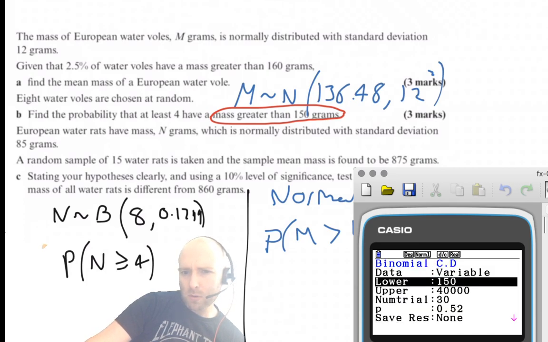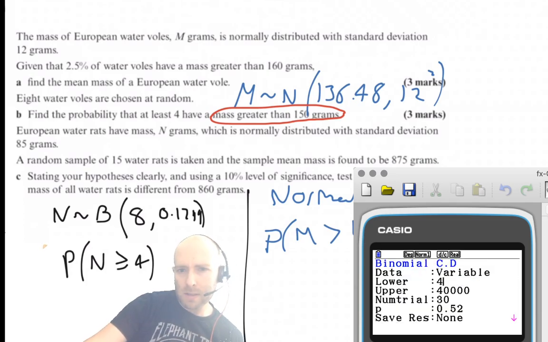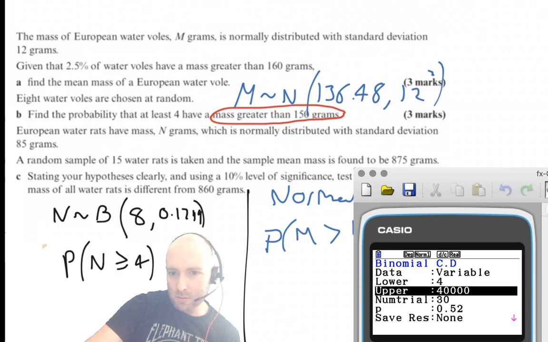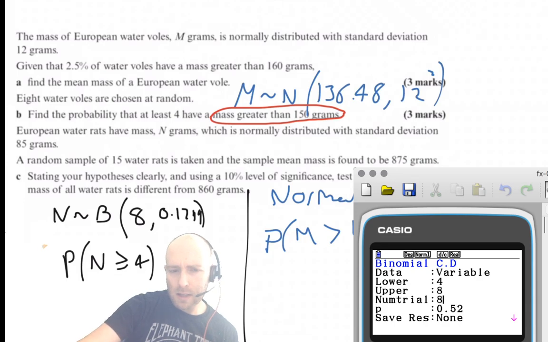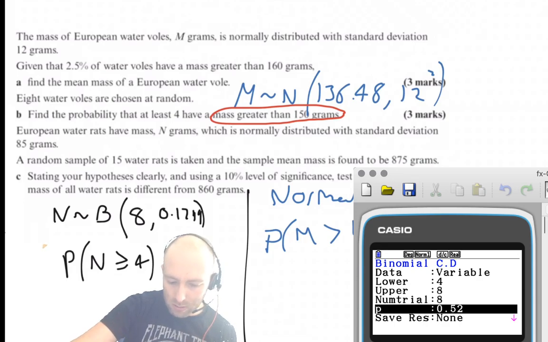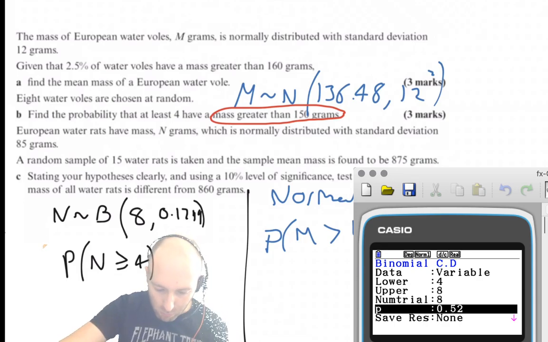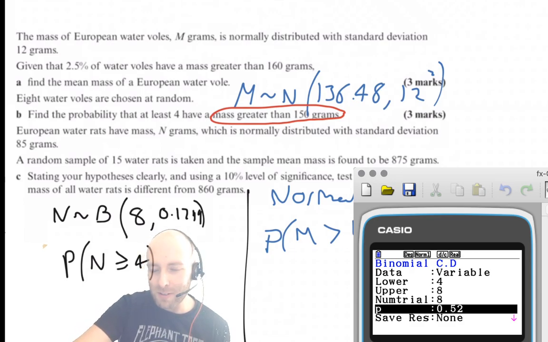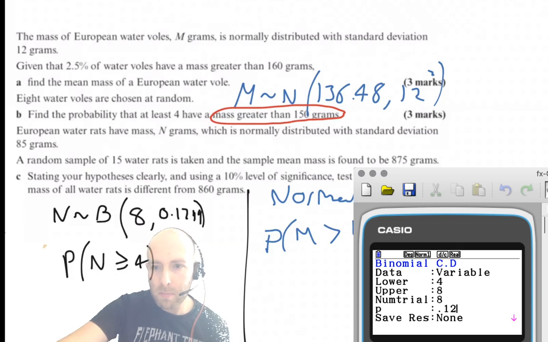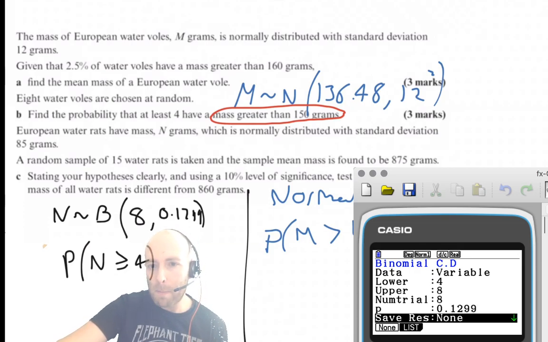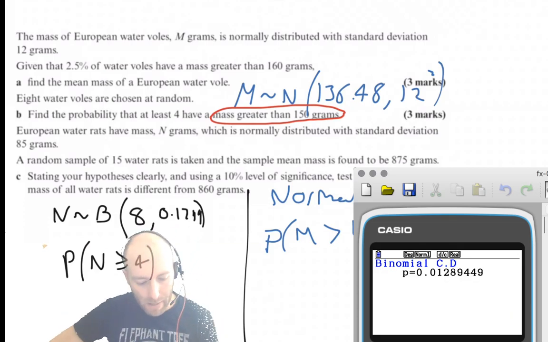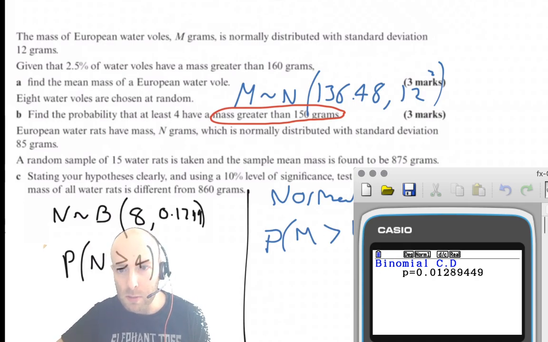Lower is going to be 4. Upper, well, there's 8 water voles in total, so upper is going to be 8. Number of trials is 8, and probability of success is 0.1299. Can't read my writing there. Cool. And calculate. And we got a probability for our water voles. It's going to be 0.01.